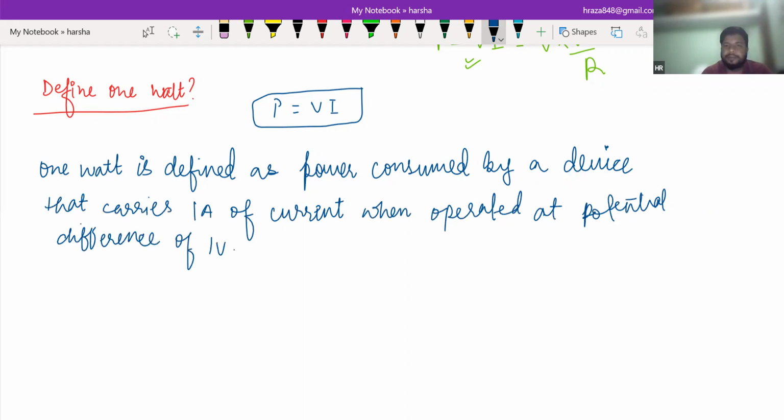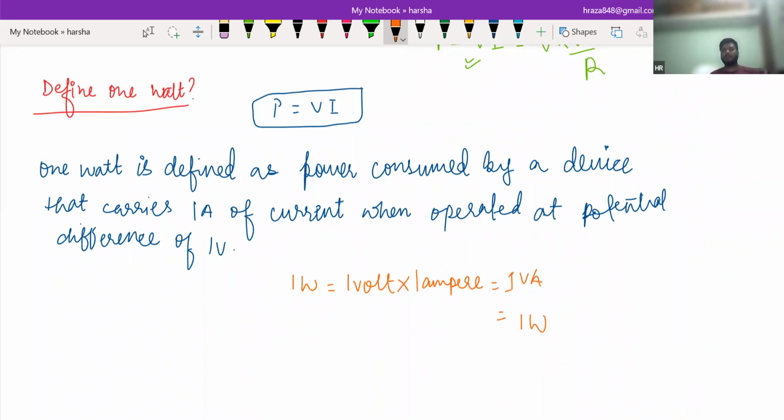difference of 1 volt. So I can write 1 watt will be equal to 1 volt into 1 ampere, 1 V into A. That is also known as 1 watt.